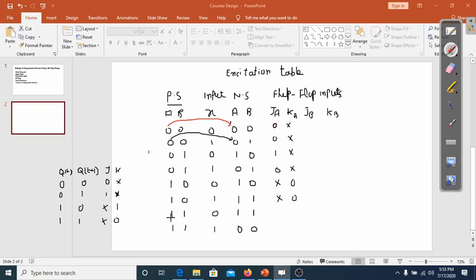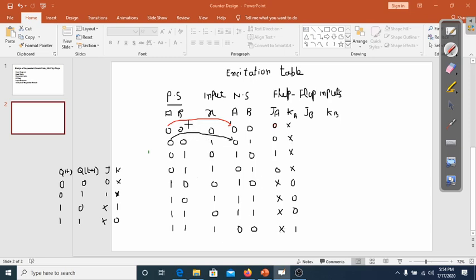Again, present state is 1, next state is 1. So J is don't care and K is 0. Now finally, present state is 1 and next state is 0. When present state is 1, next state is 0, keep in mind K is always 1 and J could be a 0 and it could be a 1. So it is a don't care.